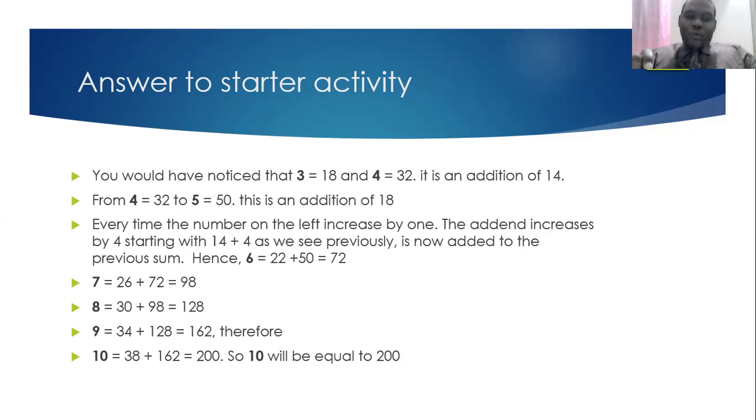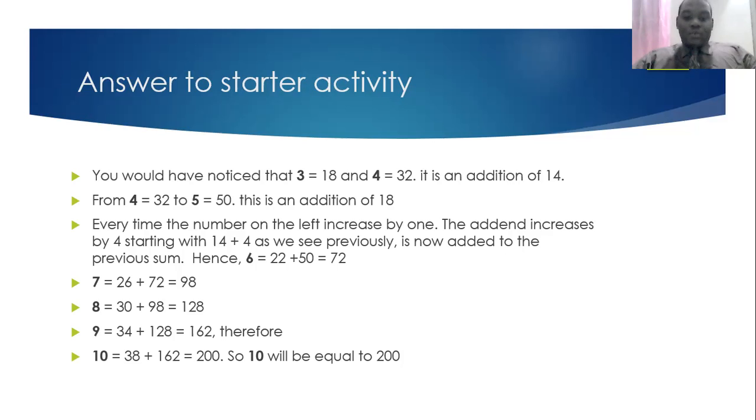But if you follow the trend from 3 coming up, you will be able to figure it out. At number 8, it will be 30. We will add 4 to the 26, and we know we have 30, so we're going to add the 30 to the 98, which gives 128.